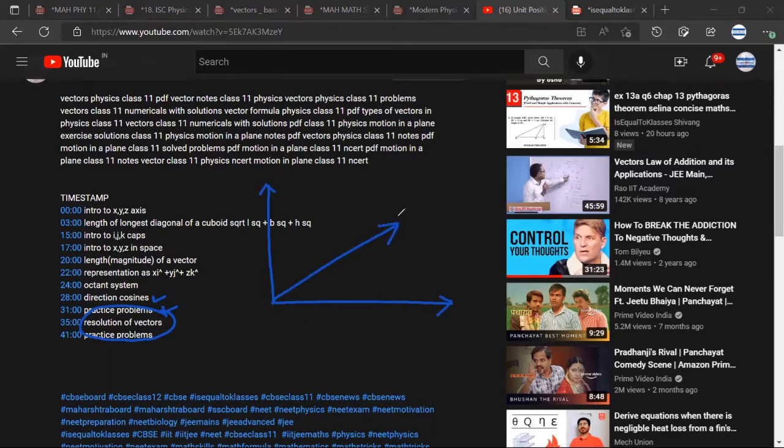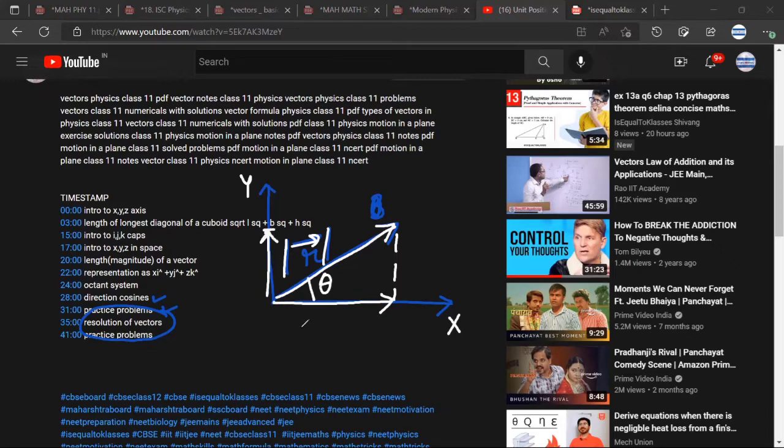If this is a vector R, another thing that we discussed was how to write the magnitude of a vector. This is how the magnitude of a vector is written. If this makes an angle theta with the x-axis and a certain angle with the y-axis, then resolution of a vector implies that I can break this vector into this vector and this vector.